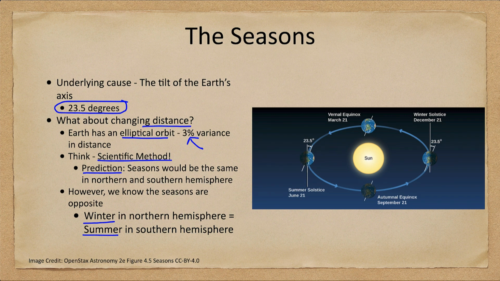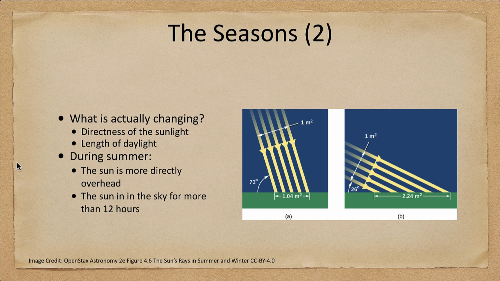Now, another thing with looking at the changing distance is that it turns out that the Earth is closest to the Sun in January and furthest away in July. So for those in the northern hemisphere, that is exactly the opposite of what you would expect for seasonal changes. So what is changing?